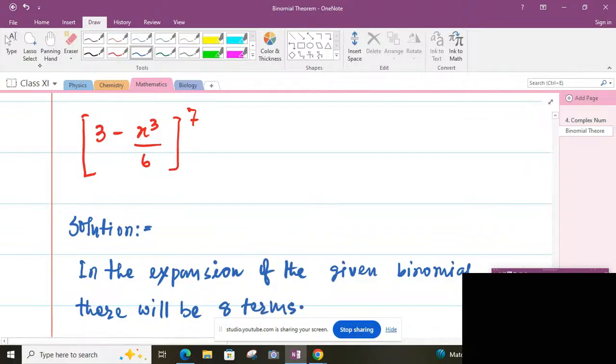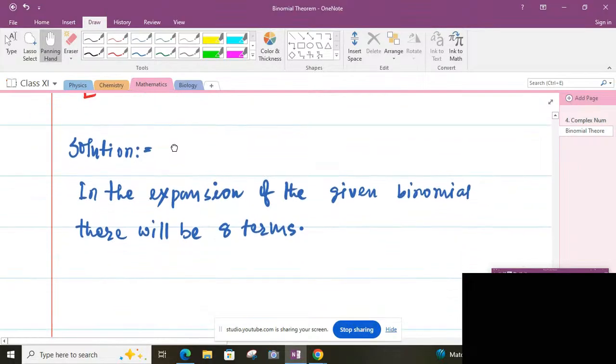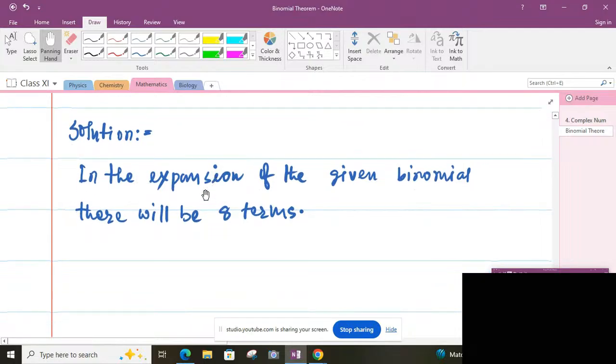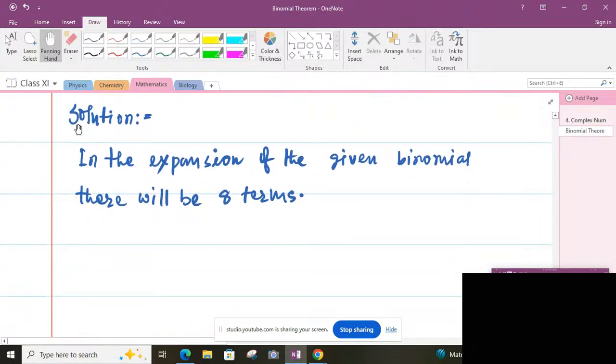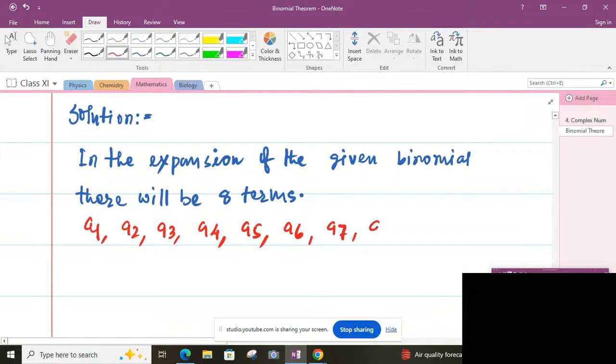Out of these 8 terms, let's write down here: first term, second term, third, fourth, fifth, sixth, seventh, and this is the 8th.